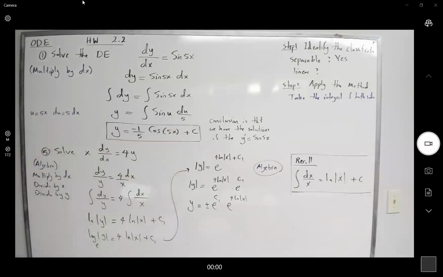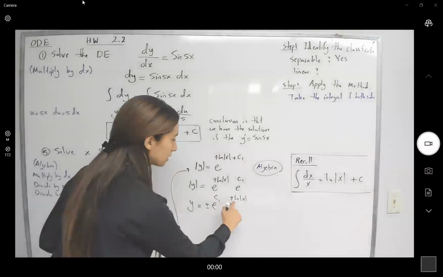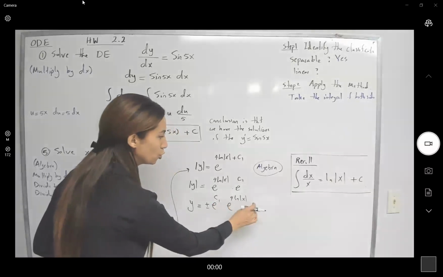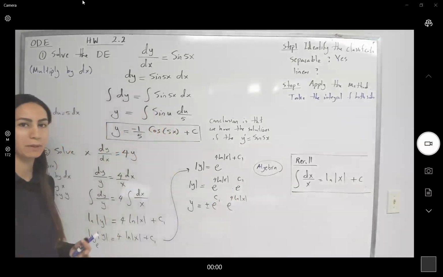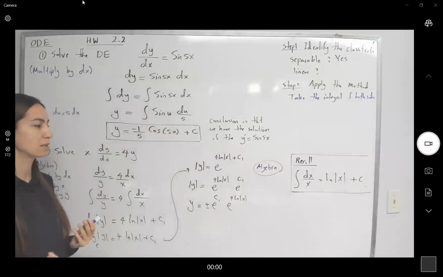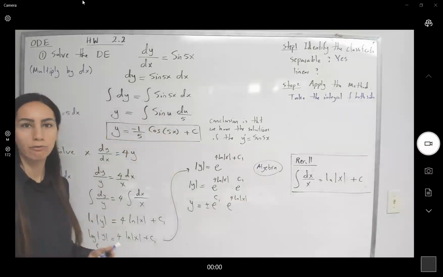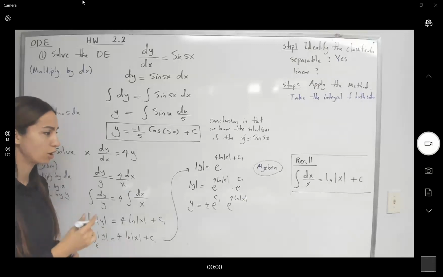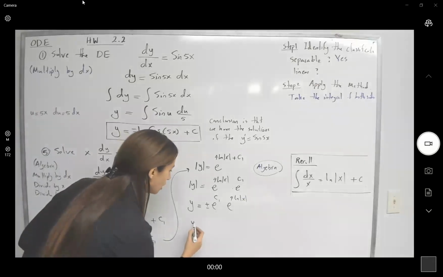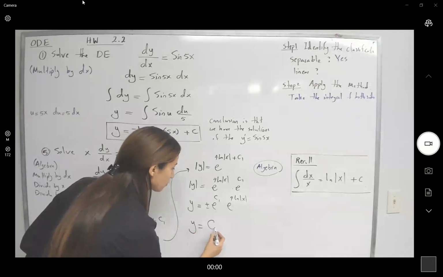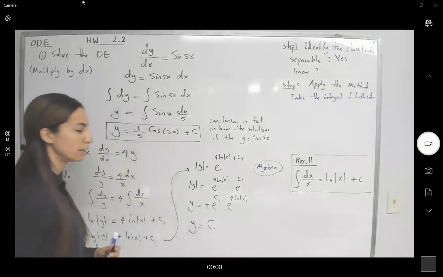Very well. Can we simplify this? Of course. Remember that here the exponent moves to the absolute value of x. It means that whatever your x is outside the absolute value, it gets exponent 4, so it's going to be always positive. So here you have y equals c sub 2, k.